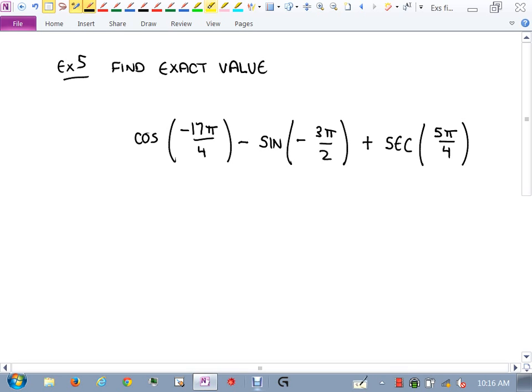Now, also, I'll point something out. When I say exact value, that means you cannot give me a decimal answer. Your answers have to have square roots and all that stuff has to be in there. So let's look at our first one here, cosine of negative 17 pi over 4. So how would you do that? Coterminal or count?